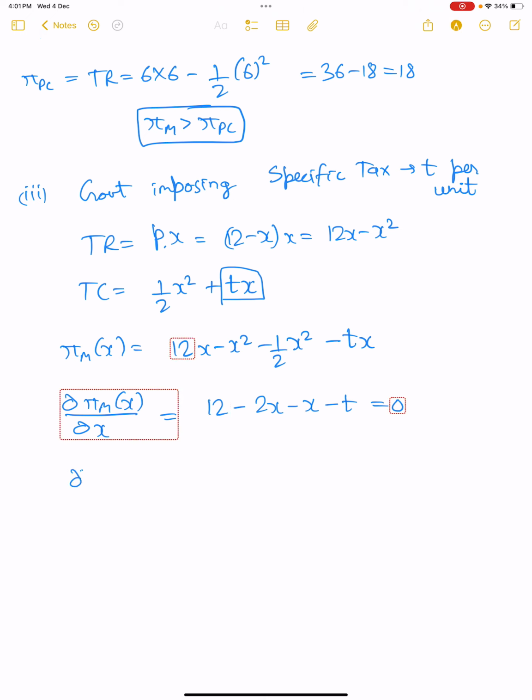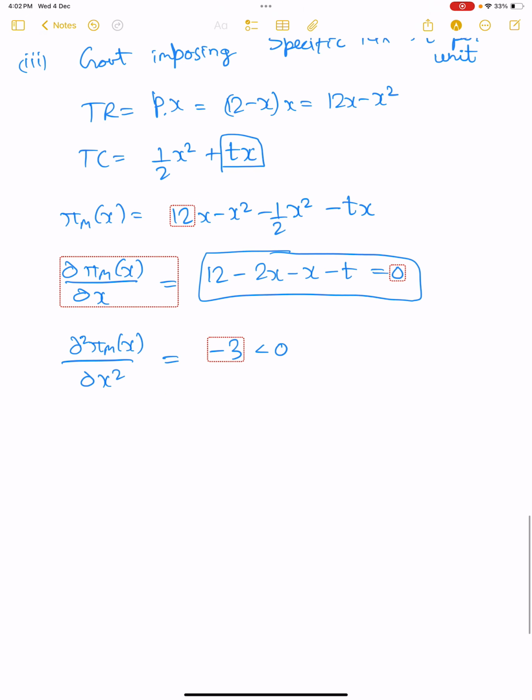We can check for the second order condition as well. It is coming out to be minus 3, which is less than 0, which means this value would give you the optimum value. Okay, now we have got 12 minus 3x minus t equals 0.